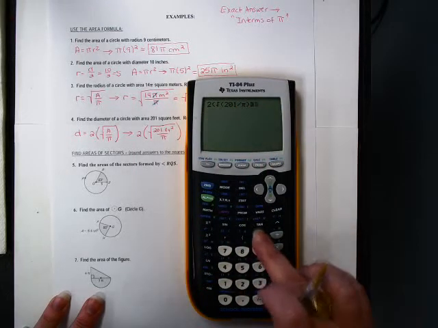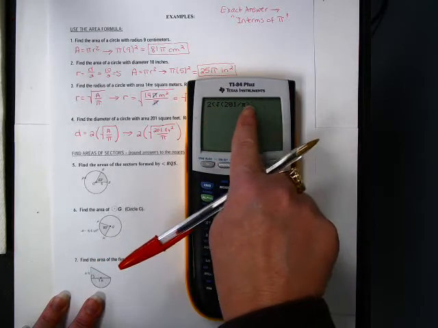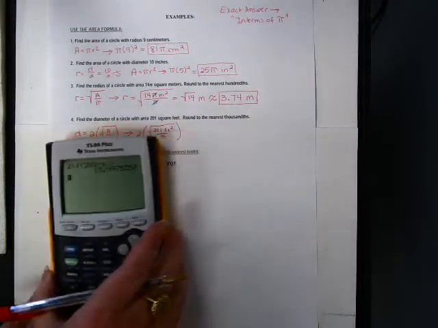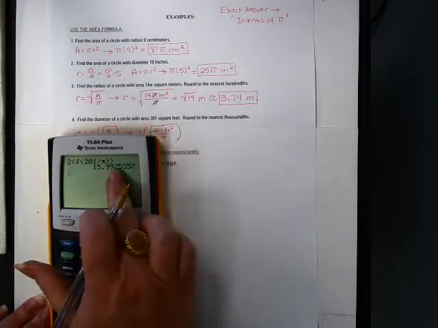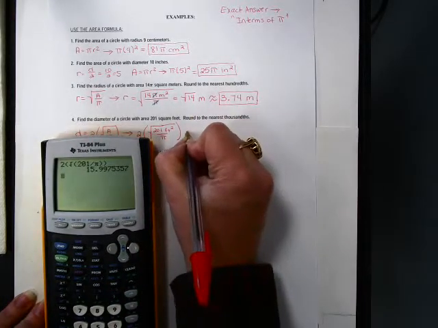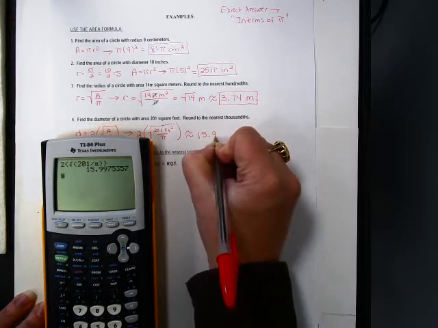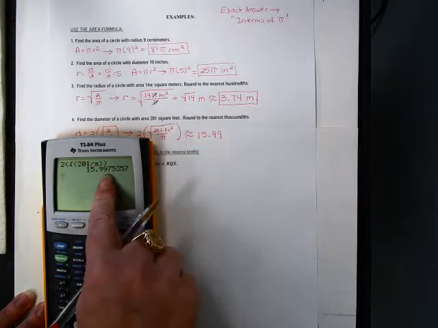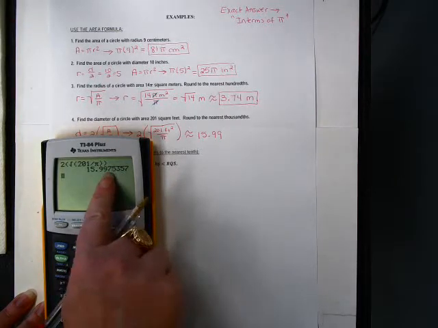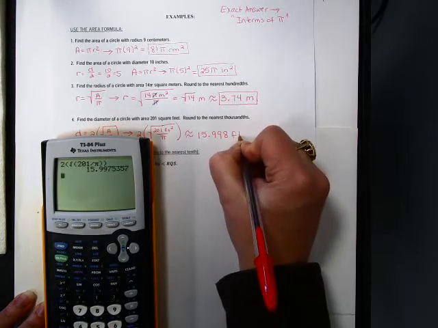You now have to close it again, because if you have 2 open parentheses, you need 2 closed parentheses. So enter, and then here I am rounding to the nearest thousandth, so that means 3 decimal places. So use your squiggly marks. And it's going to be 15.99. And do I put a 7 or do I round up? So I look over here, it says 5, so that means I change that 7 to an 8. And that's going to be feet.